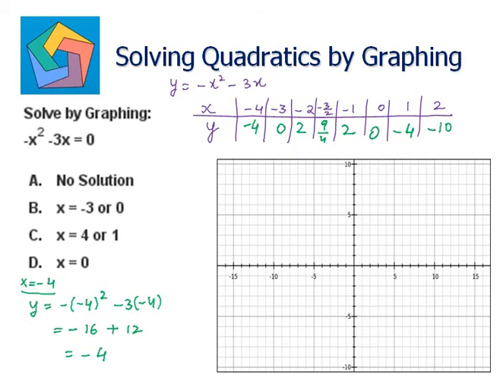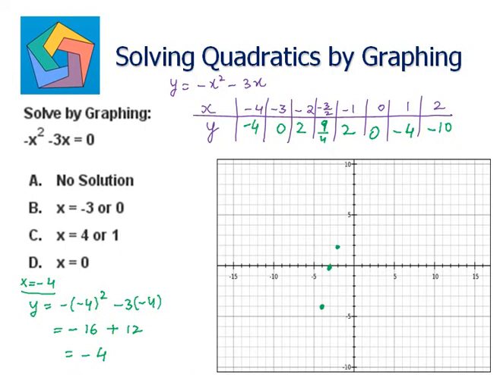So the vertex becomes negative 3/2 comma 9/4, since values are symmetrical around that point. So negative 4 comma negative 4. Here negative 3, 0. Negative 2 comma 2. Negative 3/2, 9/4.